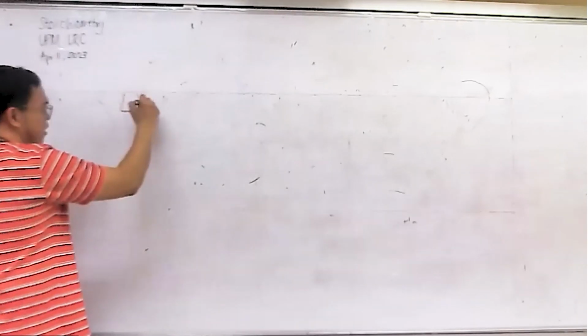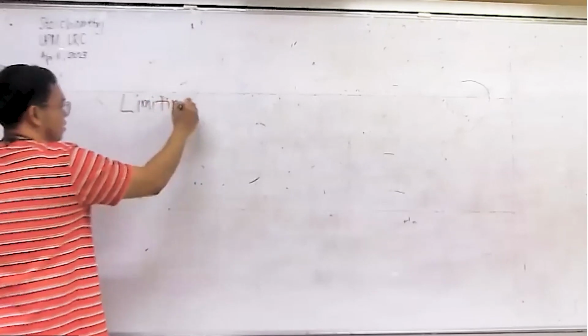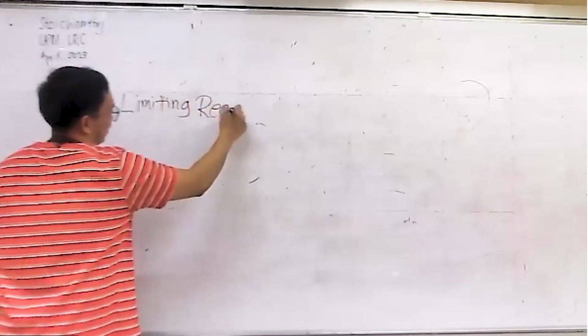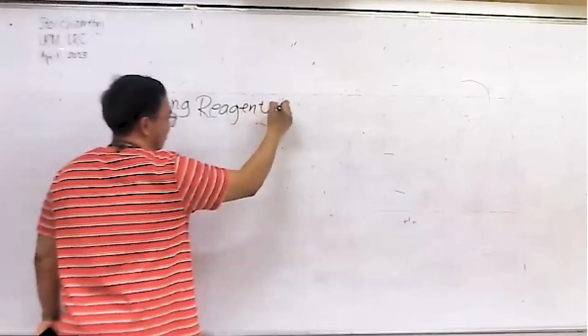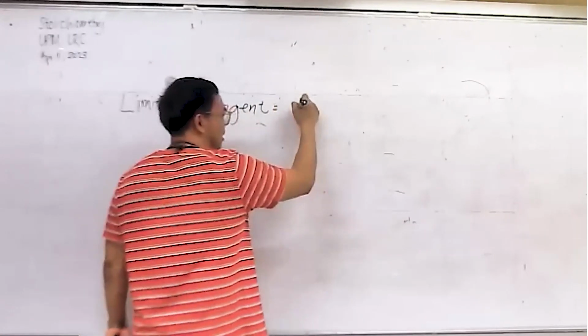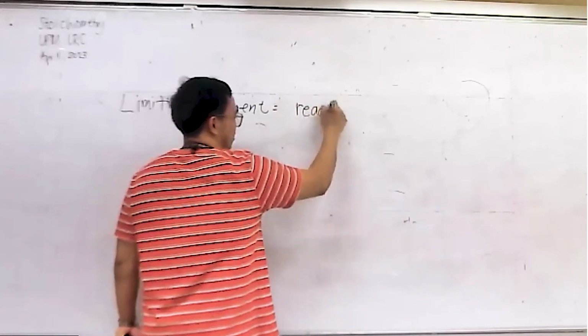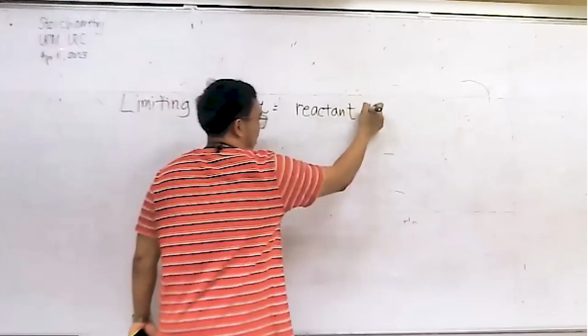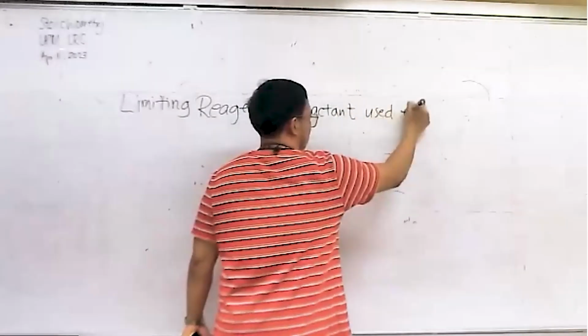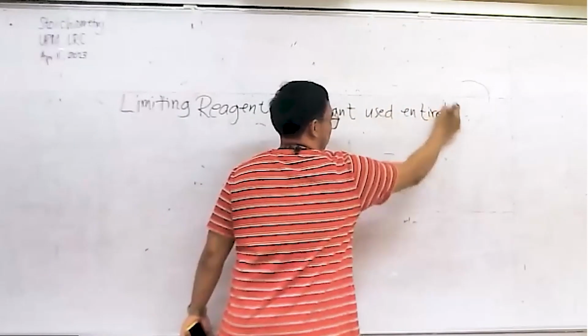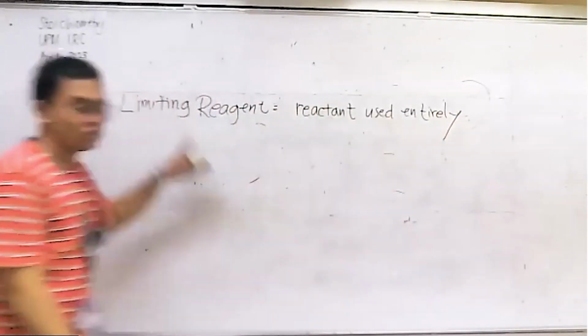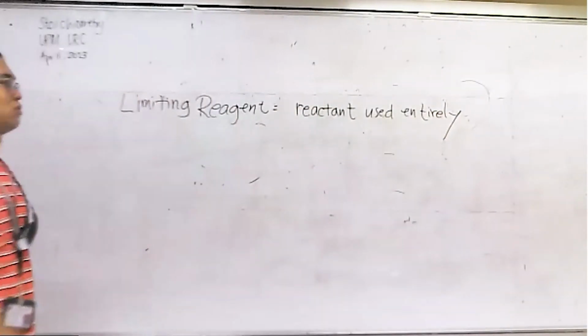As a shortcut, the limiting reagent, from its name itself, limits the reaction. It's the reactant used entirely. Remember this about the limiting reagent: it's used entirely in the reaction.